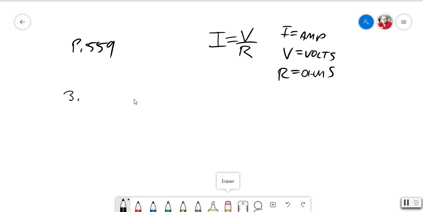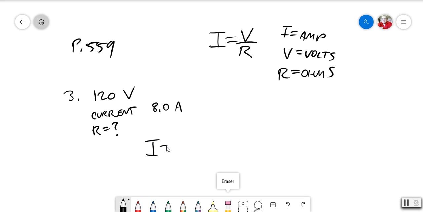So number 3 says you have a 120 volt toaster drawing a current of 8.0 amps, which would be way, way sufficient to kill you quite dead. And they want to know what is the resistance.